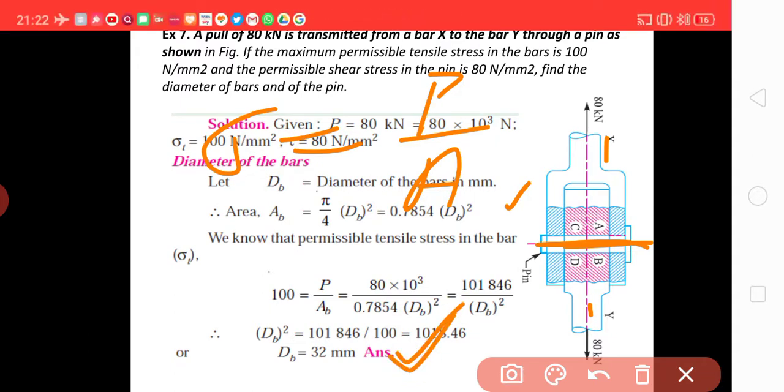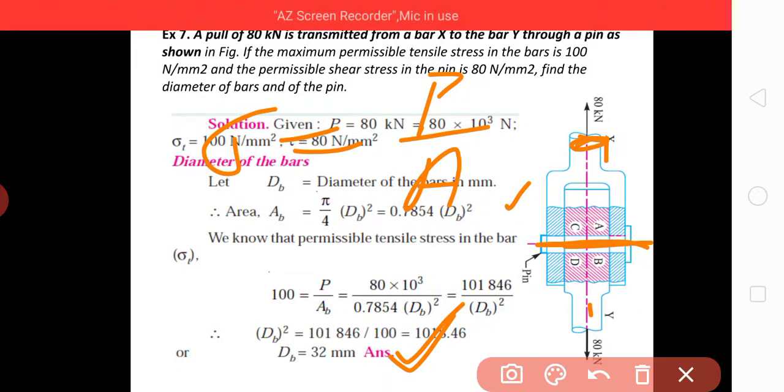How? What you want to say? That you have to find the diameter here. This is the diameter we have to find so that this bar can bear the tensile load of 80 kilonewton, such that the stress in the bar does not exceed 100 Newton per millimeter square.